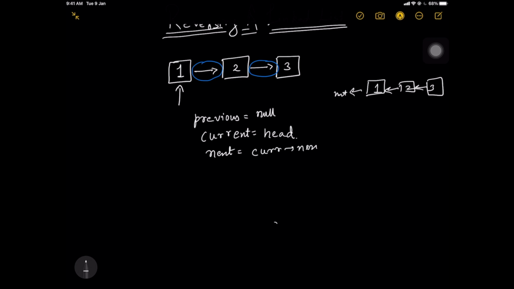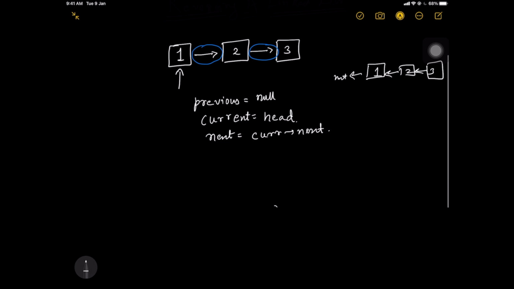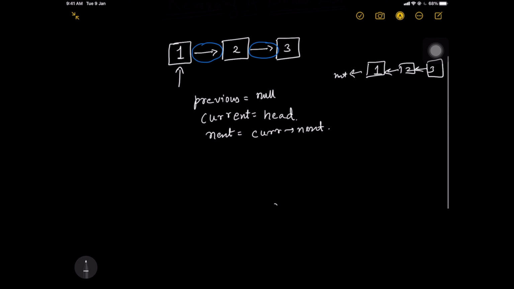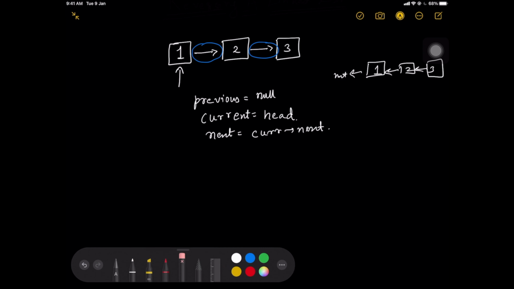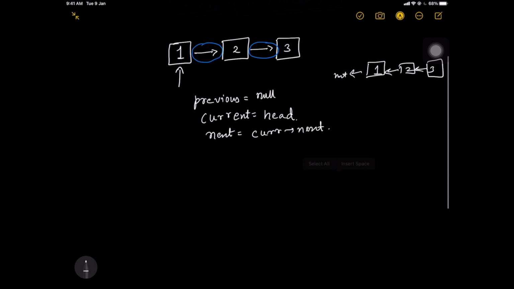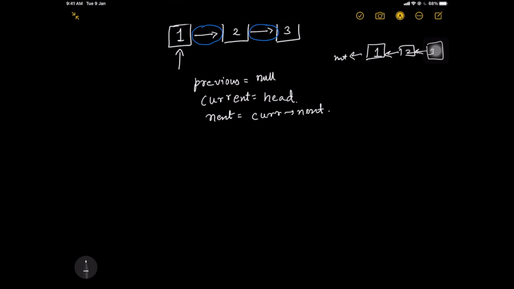So next will be current dot next, right? And now, with all this information that we have, we can start to go on. We have our next value, which is current dot next. What I'll do is then current dot next is equal to previous, right? We already have our next saved somewhere. So we'll say current dot next is equal to previous, and then I'll just move ahead.